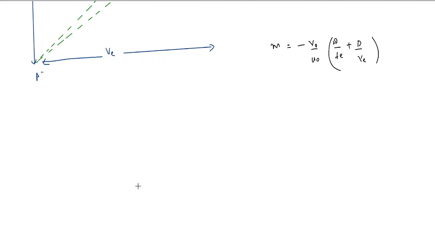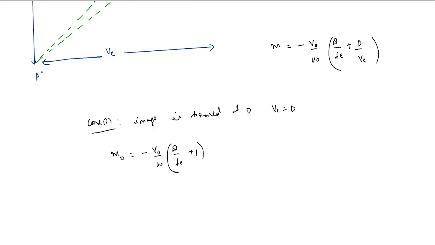Case 1, image is formed at D. That would mean that ve is equal to D. Then what we get is m suffix D is equal to minus of v0 by u0 times (D by fe plus 1).